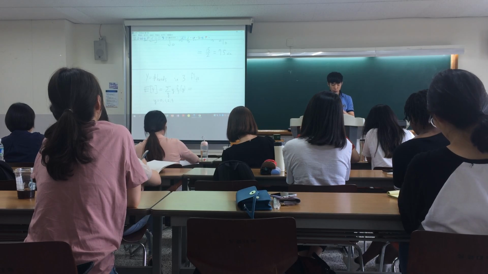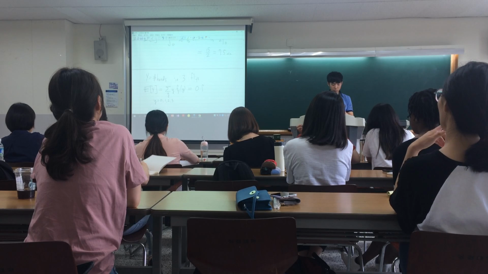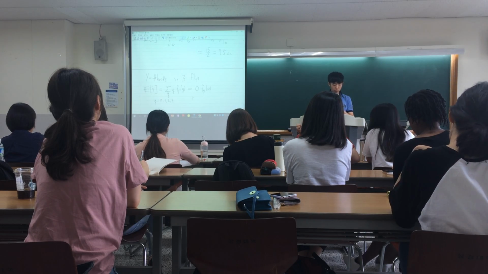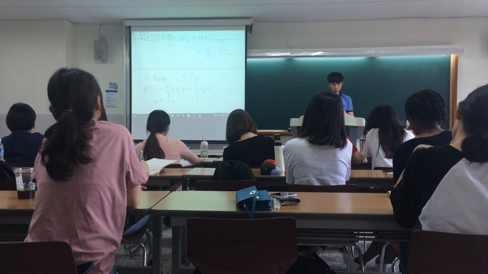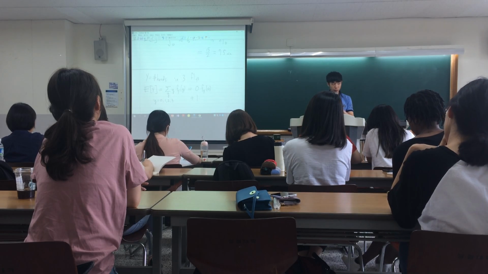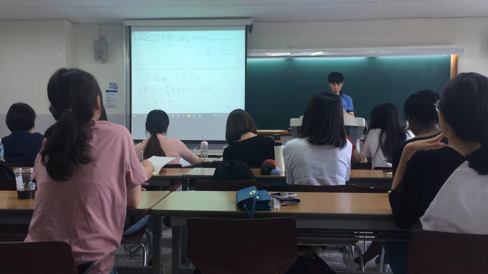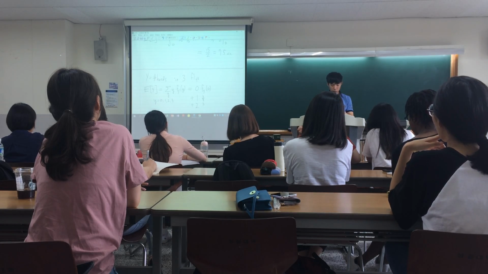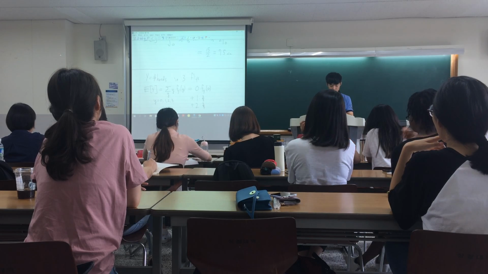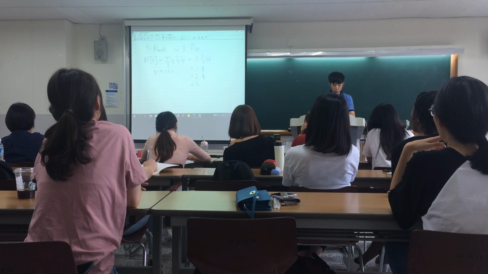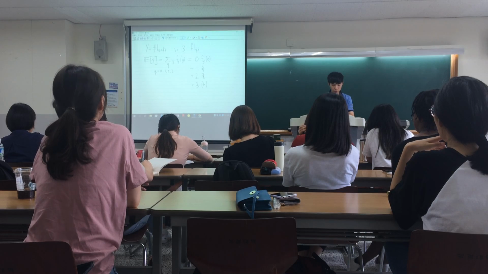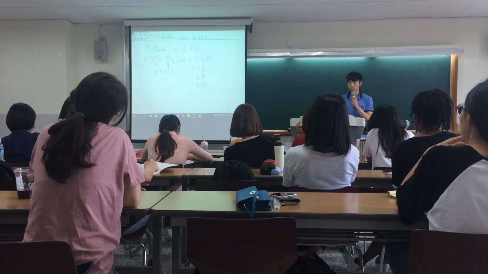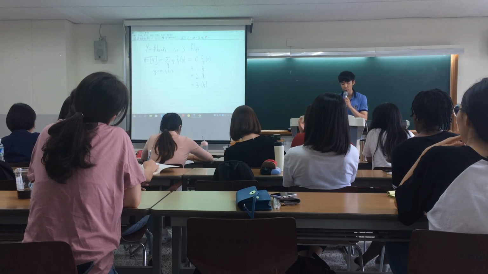The first one is just 0 times something, so it's 0, plus 1 times the probability of getting exactly 1 head. Hopefully you remember that this is 3 over 8, plus 2 times the same probability, plus 3 times the probability of getting all 3 heads, 1 over 8. Okay, and this will be the expected value of y.